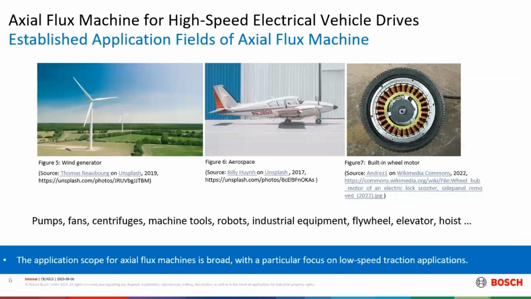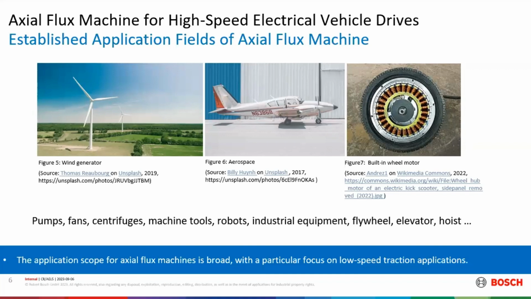Thanks to the high torque density and unique shape, axial flux machines have permeated numerous fields. Most representative is the wind generator, thanks to its high torque density. You will often also find axial flux machines in aerospace applications, because reducing weight is a very important goal in aerospace.